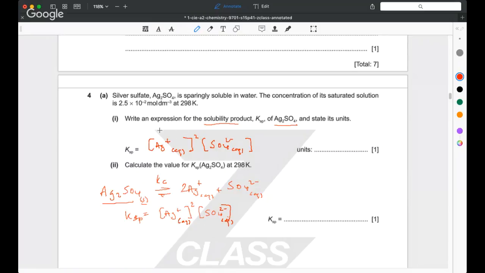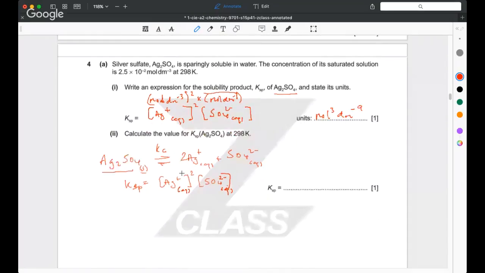So you've got moles per decimeter cubed here, but that's squared, isn't it? And you've got moles per decimeter cubed here, and you're multiplying those together. So you've got moles squared times mole, so that gives us mole to the cubed, and you've got decimeter cubed squared times decimeter cubed, which is decimeters to the -9.